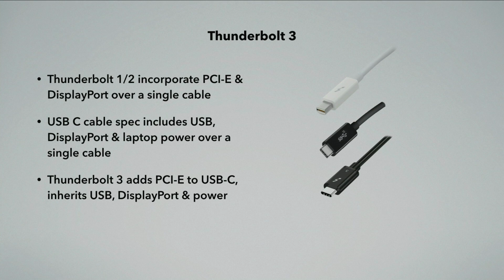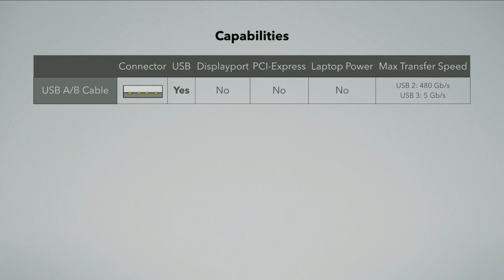Okay, so I've thrown a lot of information at you, but I haven't really given you a way to visualize that information. So let's take a look at the capabilities of some of these cables. Let's start with a USB A and B cable. With a USB A and B cable, we can transfer one thing. We can transfer it really fast, well, not that fast, but it's still only one thing.